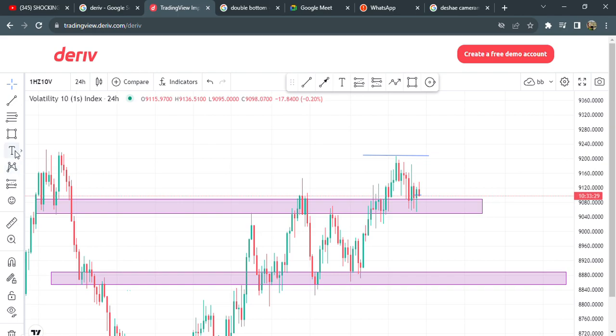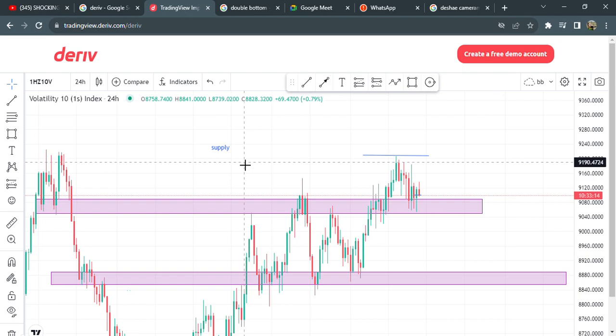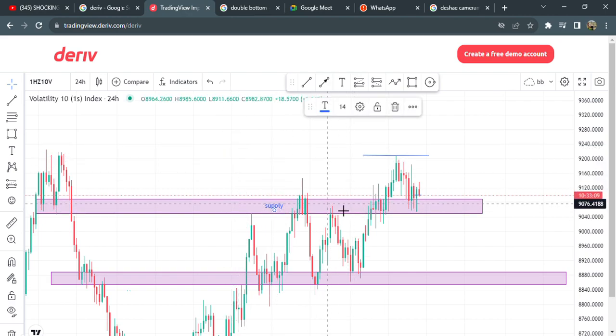So let me label them. Supply zone. But I don't think I'll label them right now because you can see here, this is another way you know a market is in an uptrend.